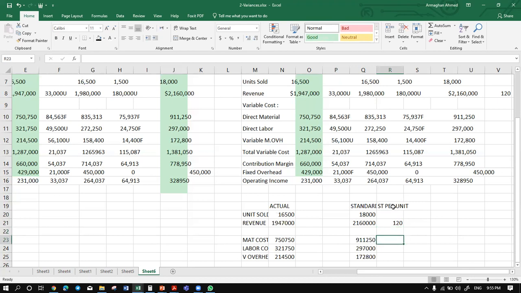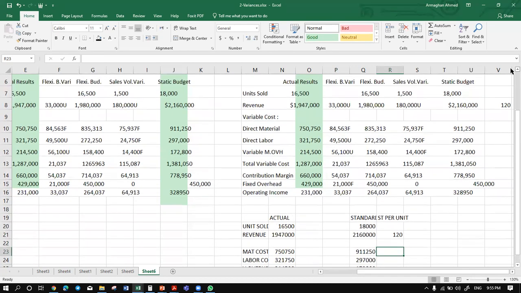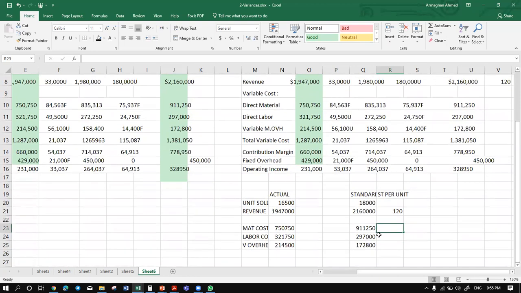What will be material cost per unit? We are assuming the same number of units sold and produced. So I will calculate 911,250, the standard material cost, divided by 18,000. This is 50.64.